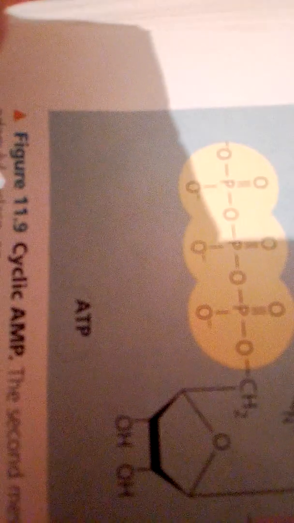Sutherland found that the binding of epinephrine to the plasma membrane of a liver cell elevates the cytosolic concentration of a compound called cyclic adenosine monophosphate, abbreviated cyclic AMP or cAMP.